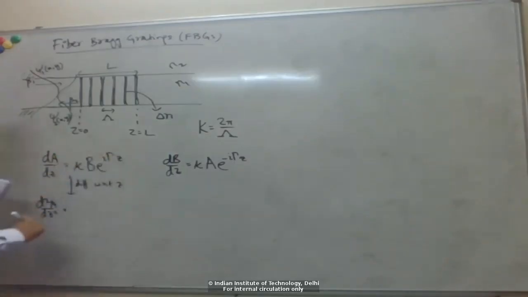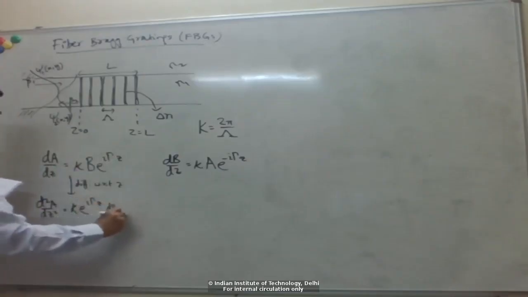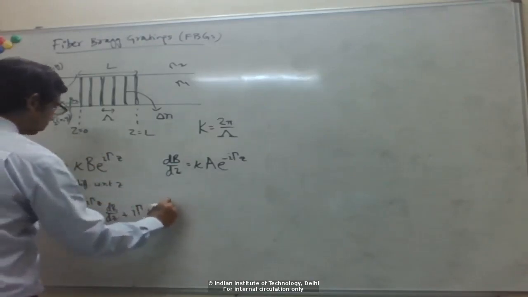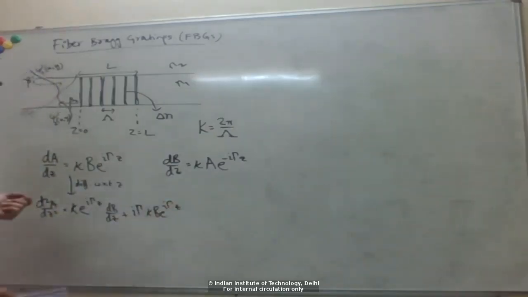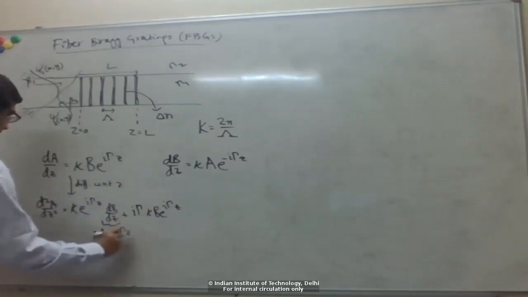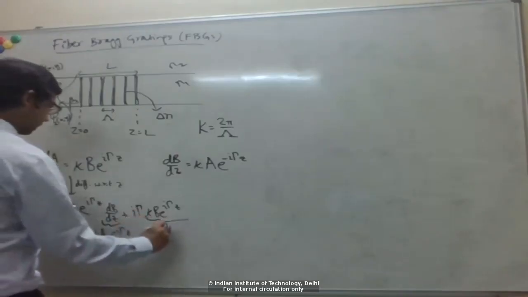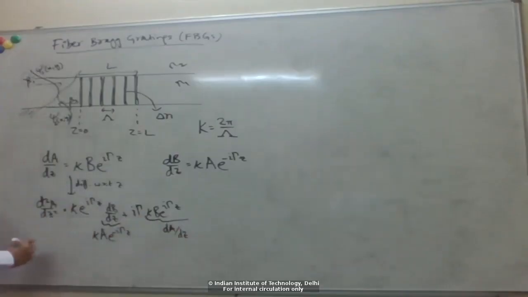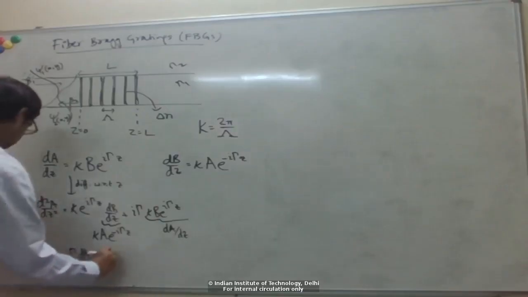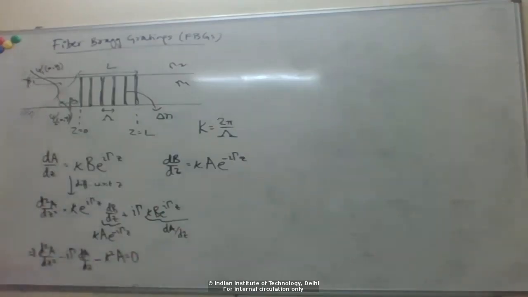So here b and this factor both are dependent on z, so we get two terms. And now for this we can use this equation, and then the dA by dz, so we can get an equation only in A. So we again get the second order differential equation.